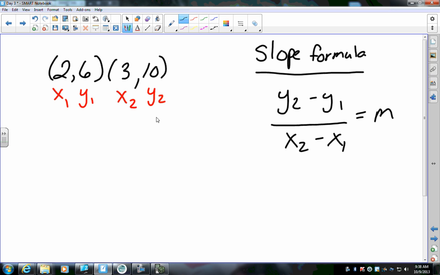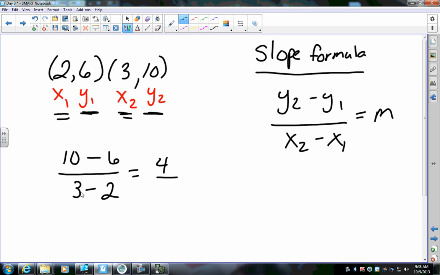Well, y2 is 10, so I'm going to do 10 minus y1, which is 6, over x2, which is 3, minus x1, which is 2. So now when you do that, 10 minus 6 is 4. 3 minus 2 is 1. 4 divided by 1 is 4.